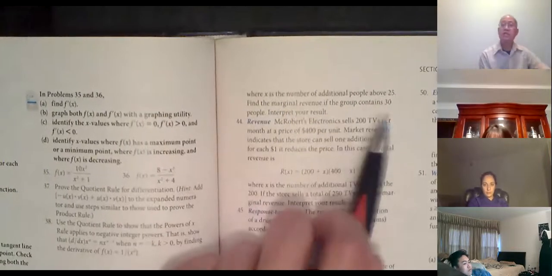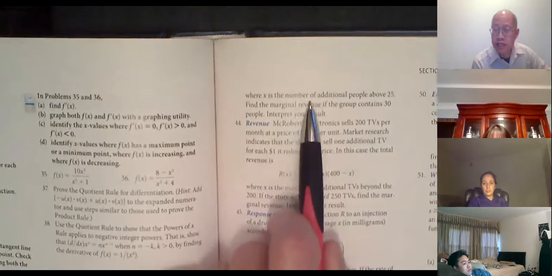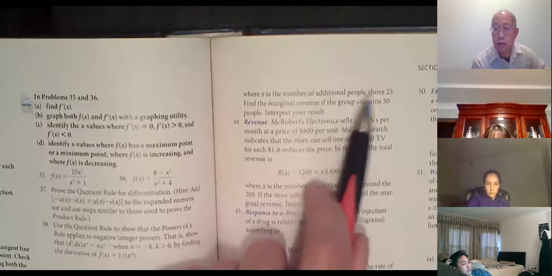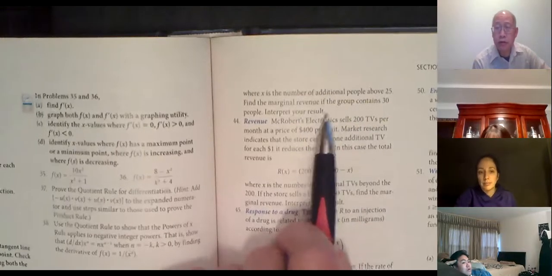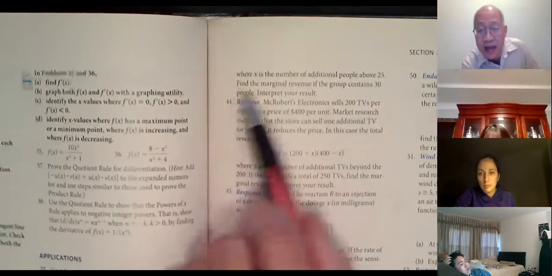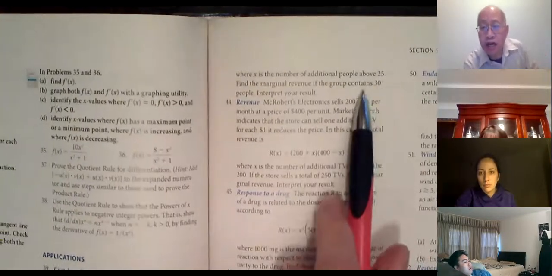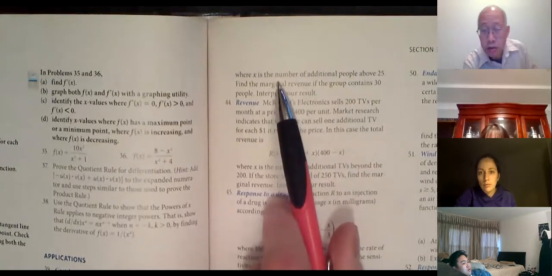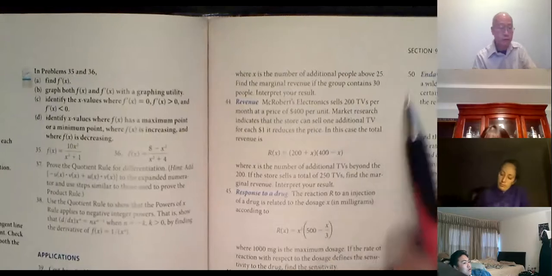So if the group contains 30 people, does it say the same thing for you guys? Okay. So you don't plug in 30. X is the number above 25. So how much above 25 is 30? 5. Okay. So you're going to plug in 5, not 30.